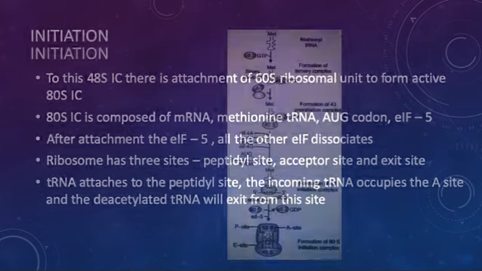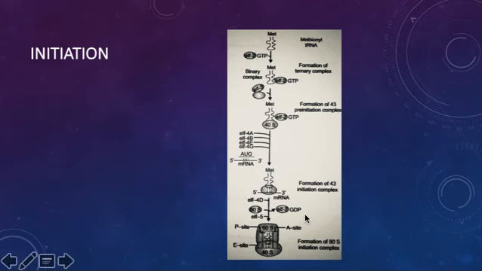Okay, so next, in this flow chart, you can see that there is the methionine tRNA. With the help of the GTP, it combines with initiation factor 2 and GTP, forming the ternary complex, and then this gets attached to the 40S ribosome to form the 43S pre-initiation complex.